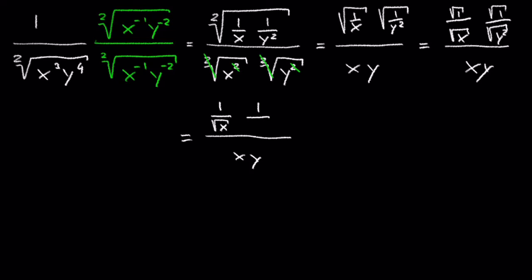And the square root of y squared is y. Dividing fractions we do by keeping the first fraction and multiplying by the inverse of the second fraction.